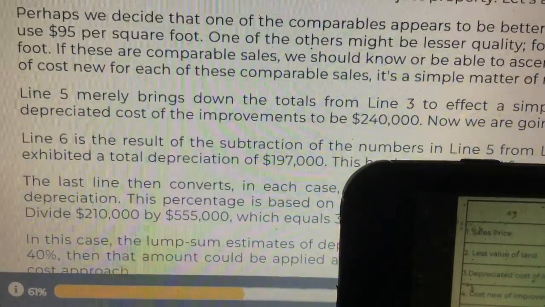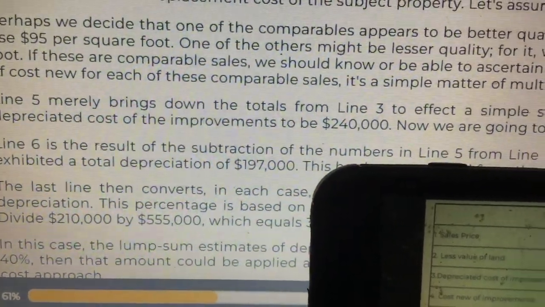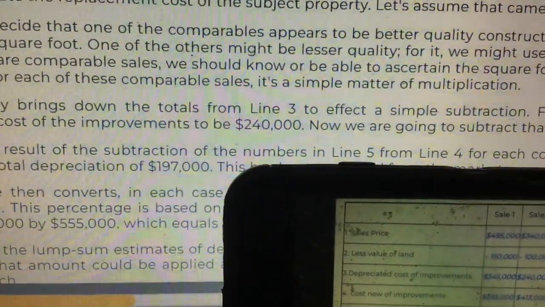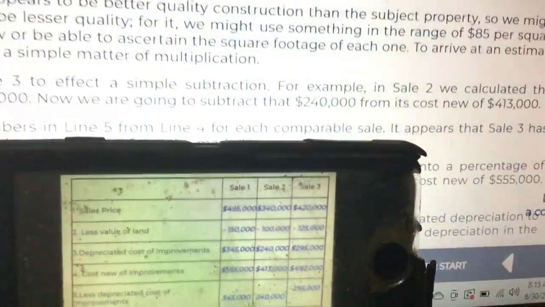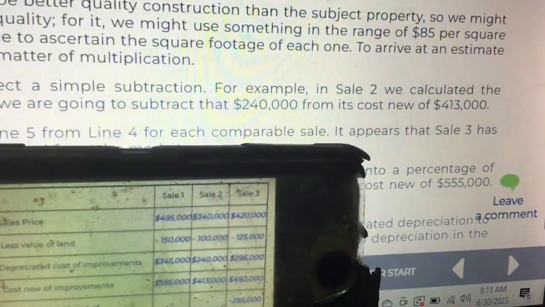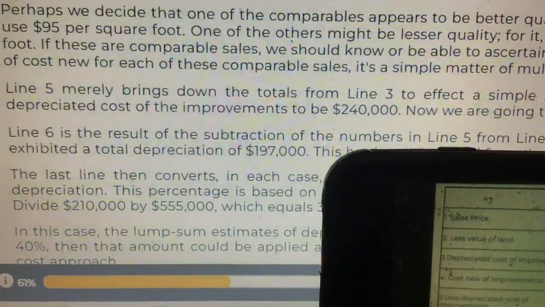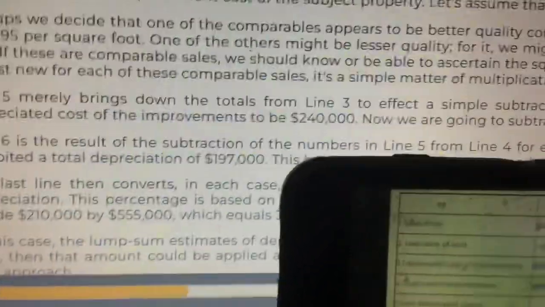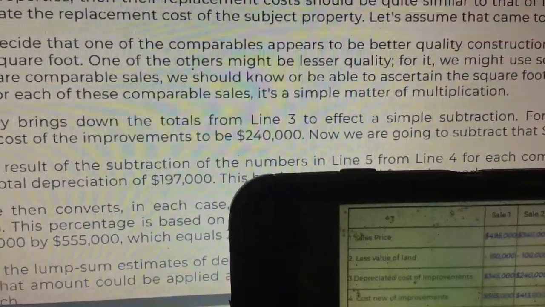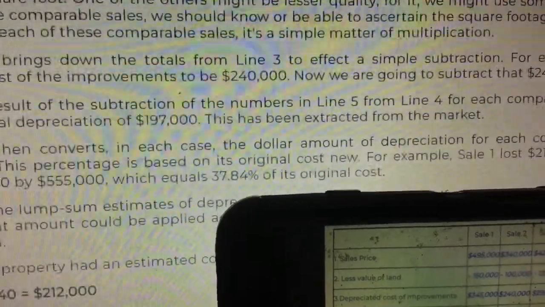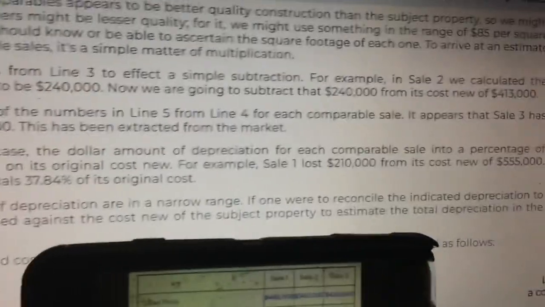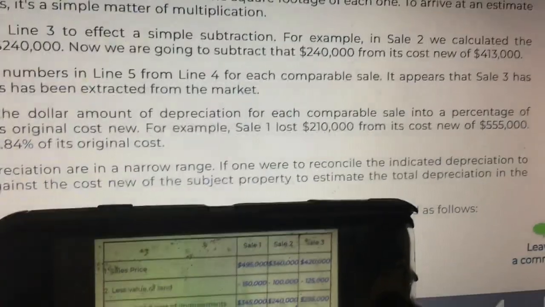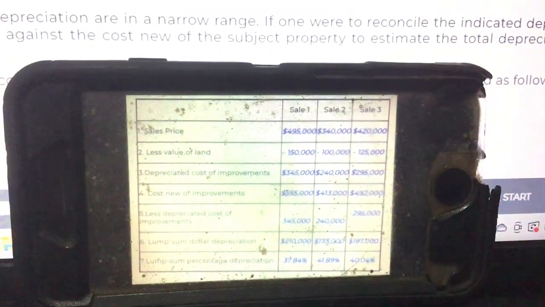Line 5 merely brings down the totals from line 3 to effect a simple subtraction. For example, in sale 2, we calculated the depreciated cost of the improvements to be $240,000 from its cost new of $413,000.